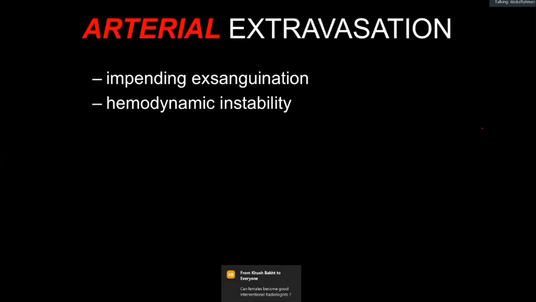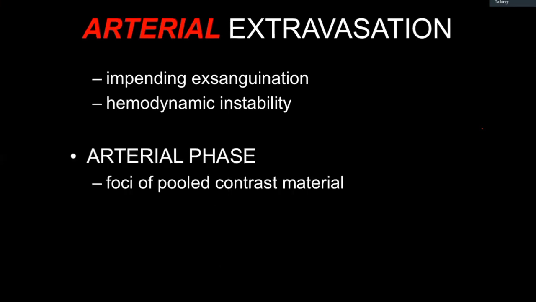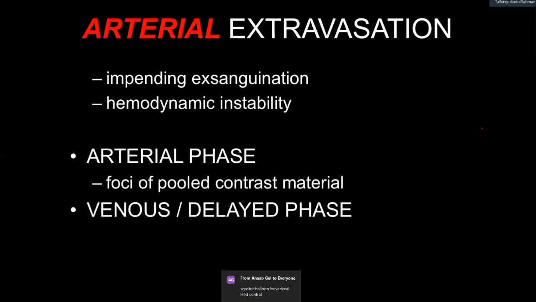And what is arterial extravasation on a CT? This occurs in the clinical context of somebody who is verging towards becoming hemodynamically unstable. They are actively, continuously bleeding. So what does this look like? They hopefully had an arterial phase and a venous phase. They have a focus of a pool of contrast material wherever they're bleeding from.